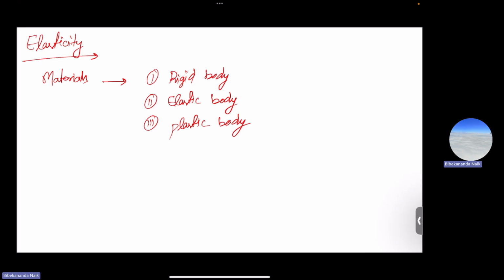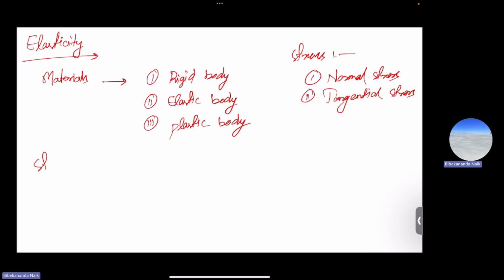The type of stress can be of different types. One is normal stress, another is tangential stress, and then strain.